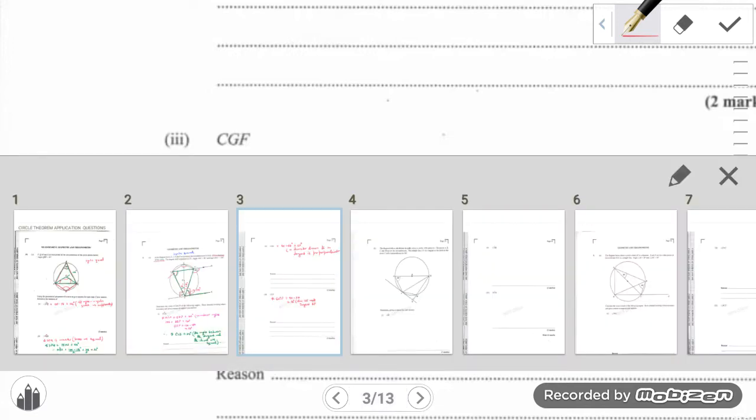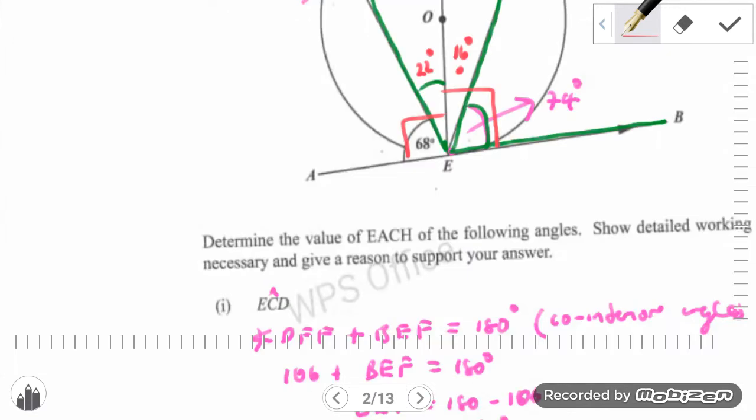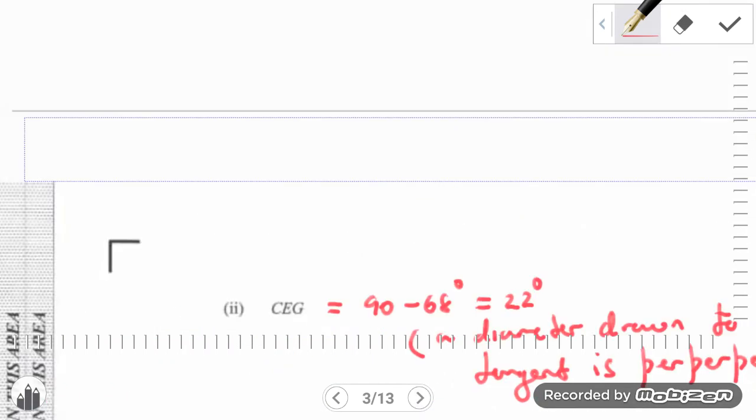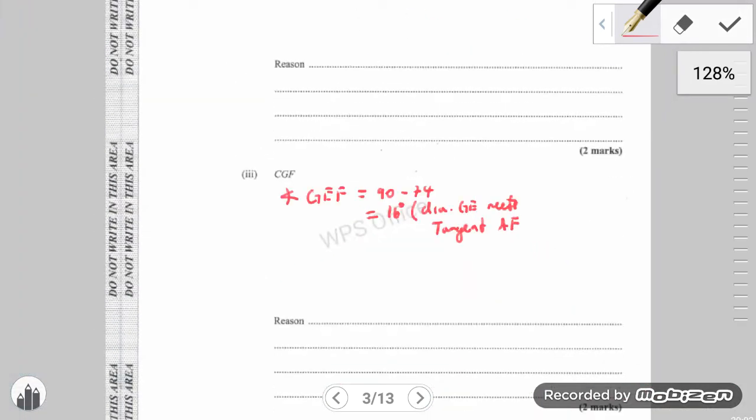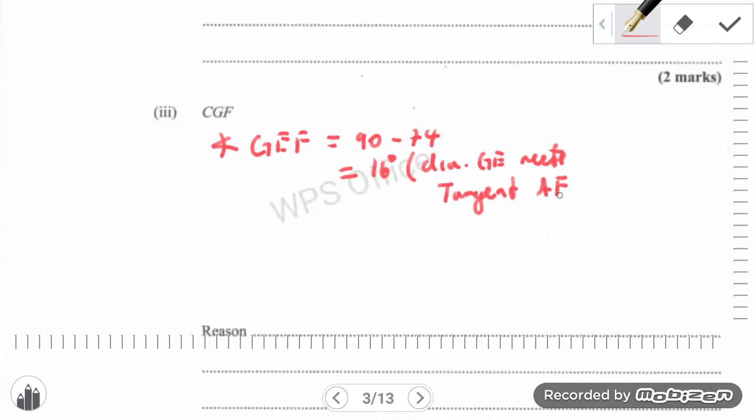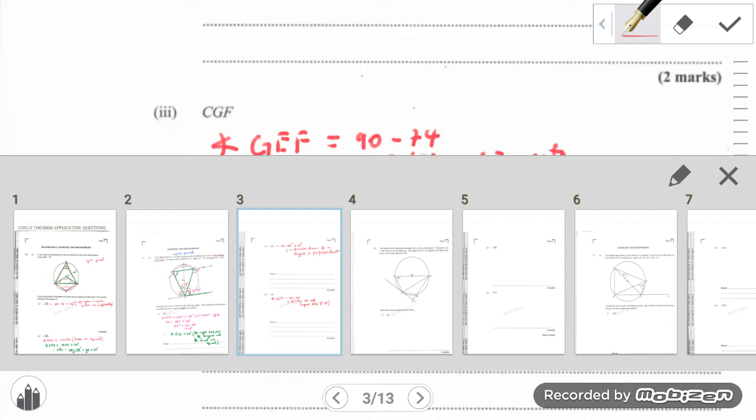Let's double check, guys. I believe it was AEB. So it meets the tangent AEB at 90 degrees. So that's the reason. That's the reason why we're able to take the 74 from 90, because the diameter GE meets the tangent AEB at 90 degrees. And then now with that, let's go back to the main diagram again.